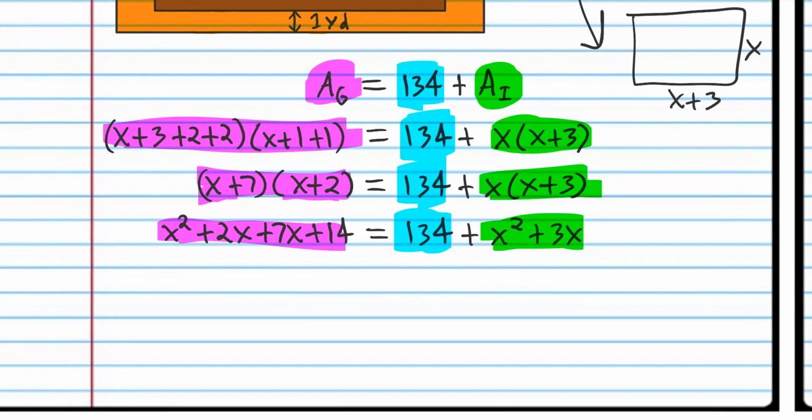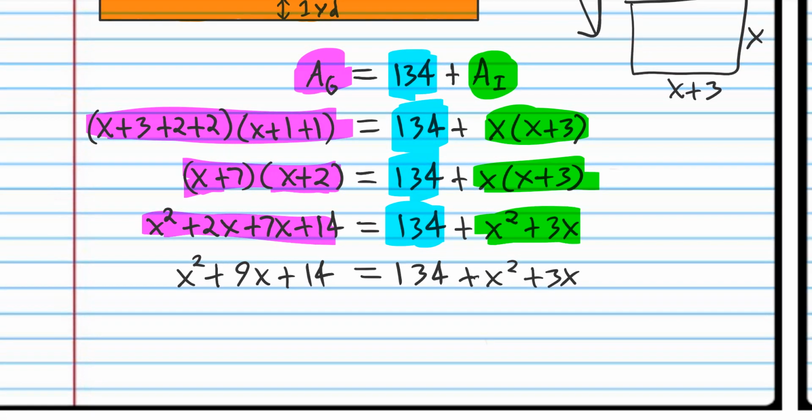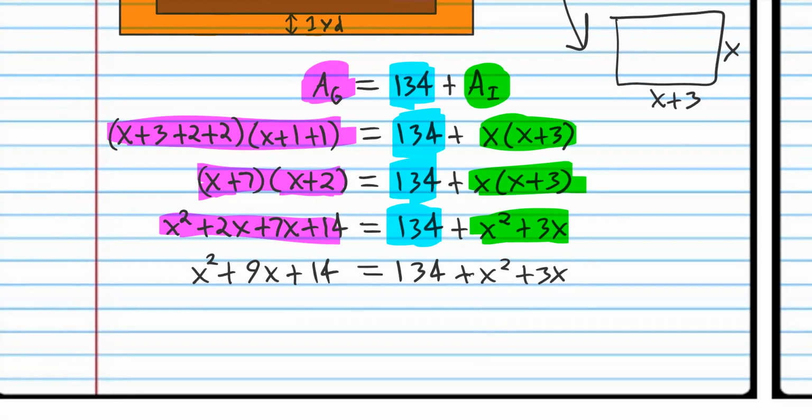So now we just have to combine like terms. Now something special is going to happen here. First of all, 2x plus 7x is going to be 9x. And there's really nothing to combine over here. I'm going to stop color coding because it's taking too long. I think you got the point. So now we're going to try to put the x squared terms together on one side of the equation.